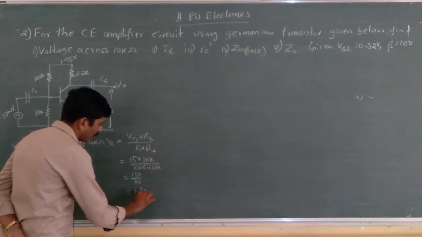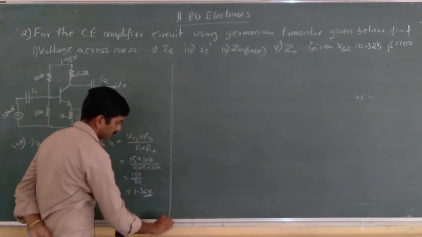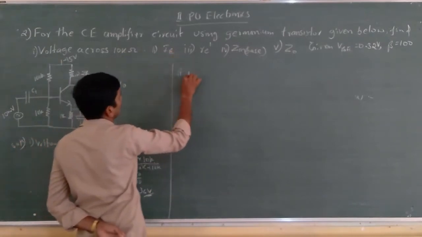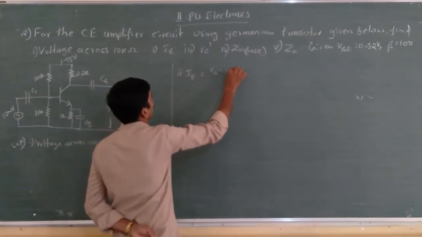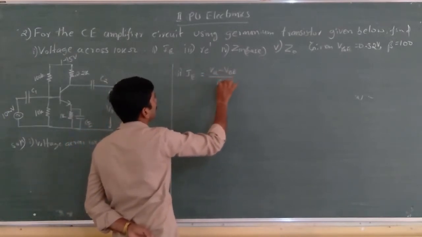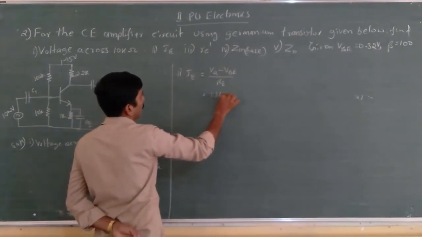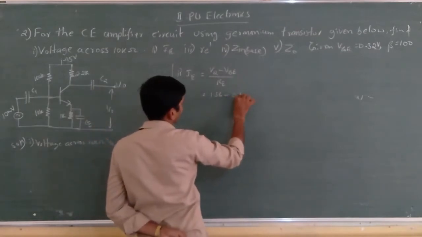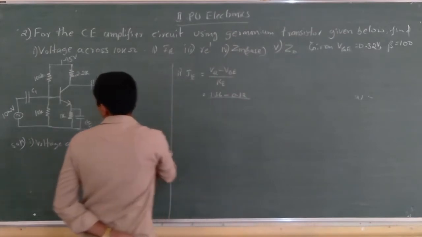1.36 volt voltage across. Second calculation, what is the second calculation? That is IE equal to V2 minus VBE divided by RE. V2 is 1.36 volt minus VBE is 0.32 divided by RE. What is the value of RE?